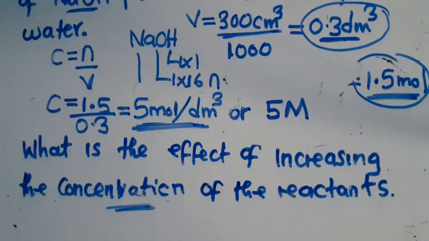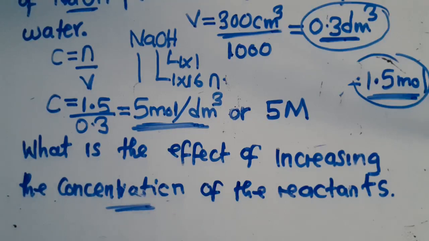This is because the number of particles in the solution increases and collides with each other effectively. So the effect of increasing concentration of the reactants is that you also increase the rate of a reaction.